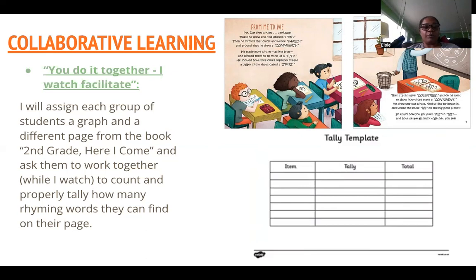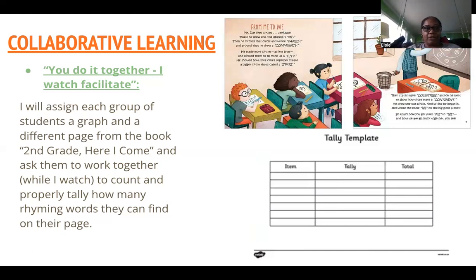So I hope you remember how to find the rhyming words in the sentences and write them and how many for the tally. So write the item, the rhyming words. The tally is how many rhyming words you're gonna find in the activity sheet that I gave each group, and you're gonna put the total of the rhyming words that you find for each sentence.